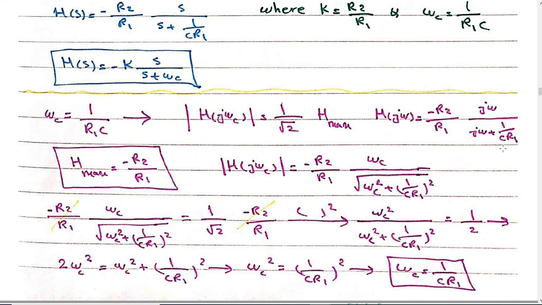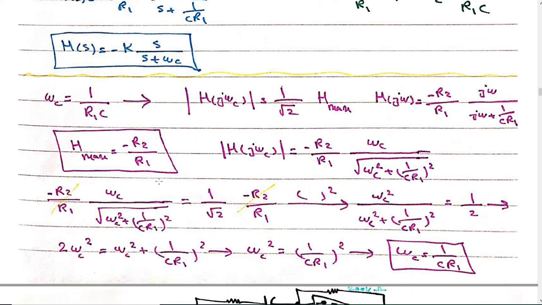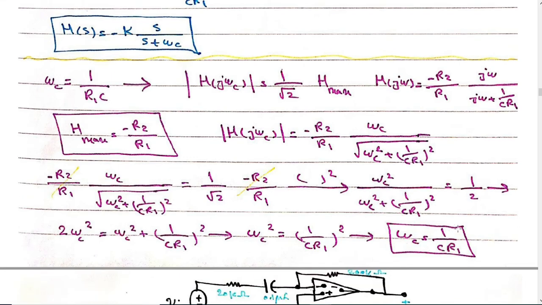And what is the magnitude for this one? It is the square root of the real part squared plus the imaginary part squared, omega c squared. Just not j, just what is multiplied by j, make that one squared. So we'll get this one. Again, this is positive, just correct in my notes. So the omega c is 1 over CR1.